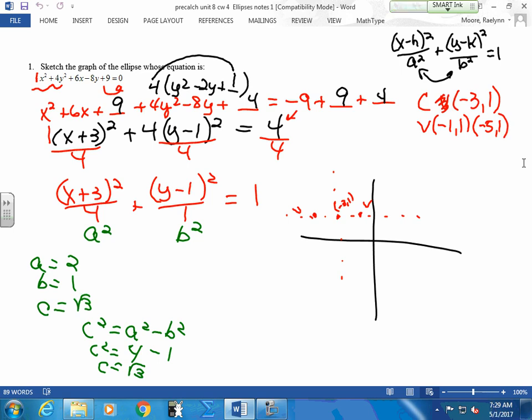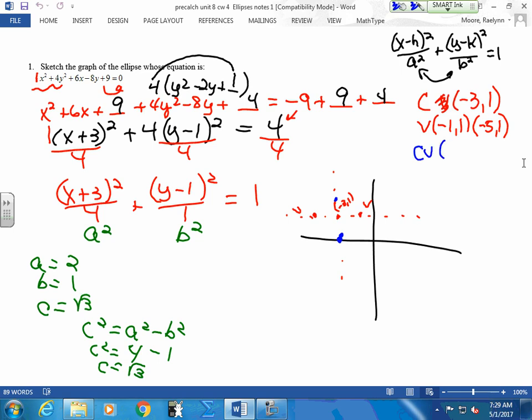My co-vertices are on my minor axis. So that's where my B comes from. So I go up 1 and I go down 1. Now look where I am. If I go down 1, I'm here right on my axis. My sketches are always terrible with an ellipse. I apologize. So we call these your co-vertices.